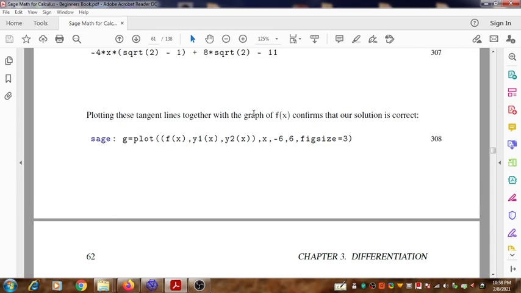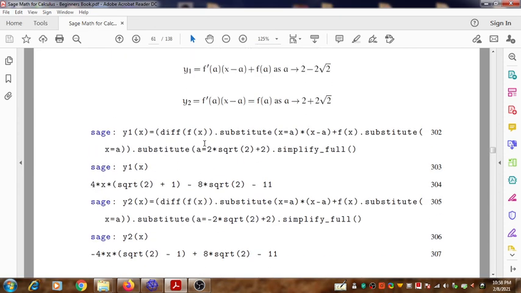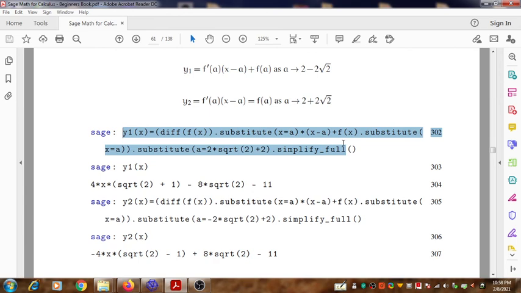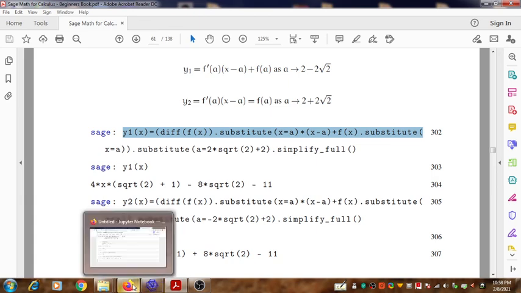Okay, and then this is the final step of our demonstration. In this step, we are going to display the equation of the curve. You want to find the equation of the curve now.